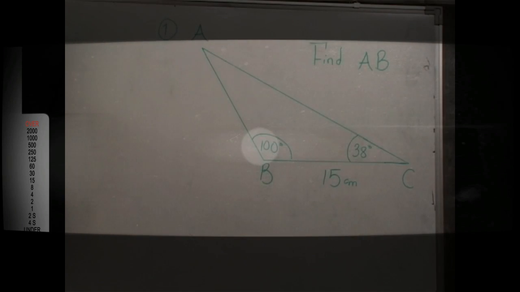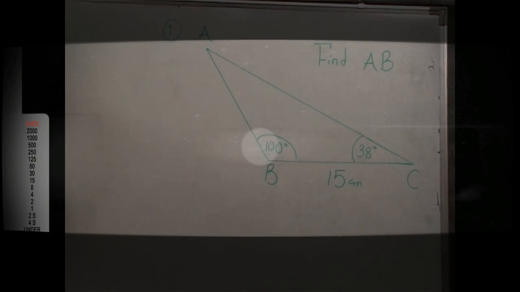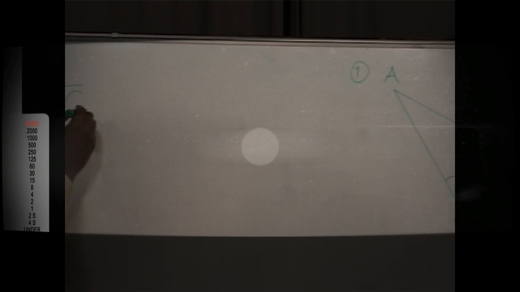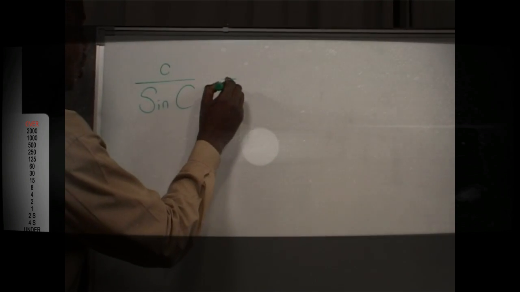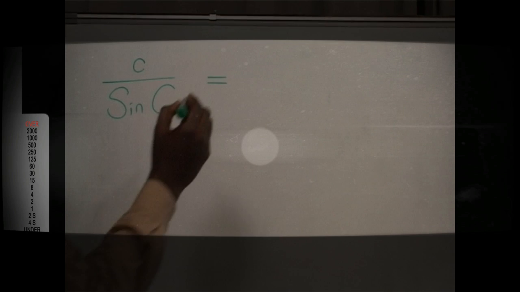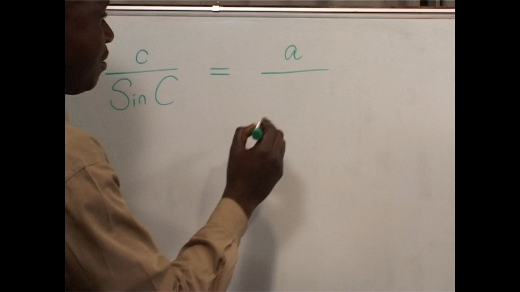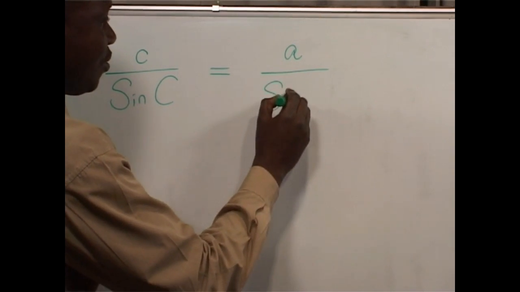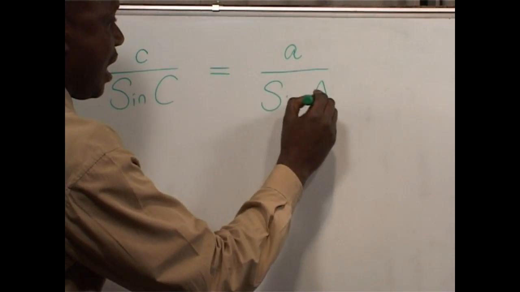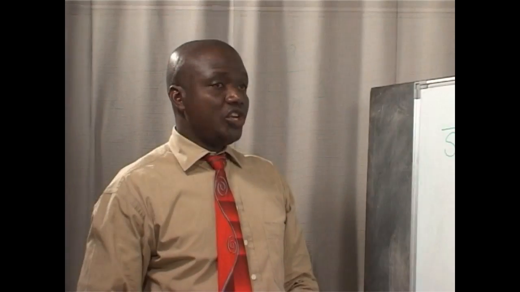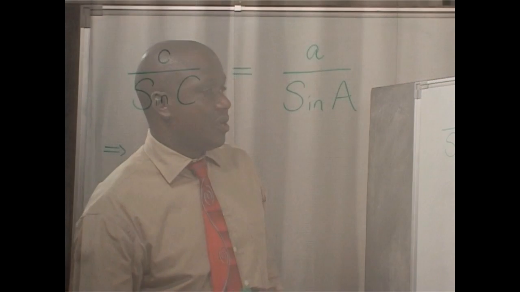We are looking for the side AB, denoted by small letter c, divided by the sine of the angle capital letter C. This must be equal to, we have been given the length of the side small letter a as 15, divided by the sine of the angle A. At this point, we have to make the necessary substitutions.